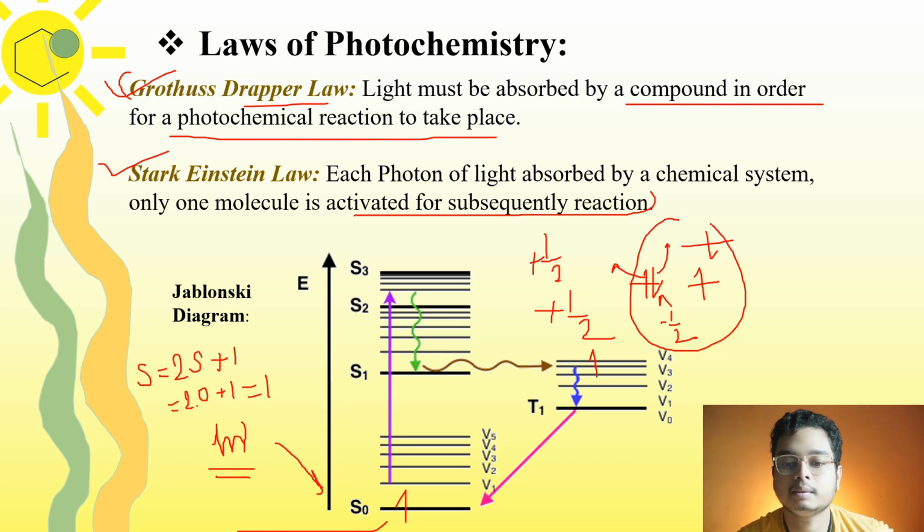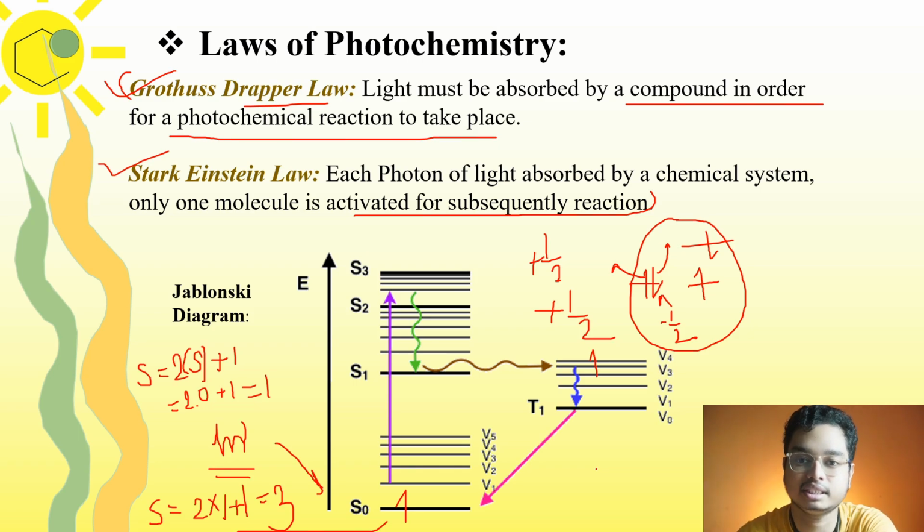Since both are plus half, the small s is 1. That means now S equals 2 into 1 plus 1, that means 3. So we can say that now the system is in a triplet state. We will build more understanding in the next slide.